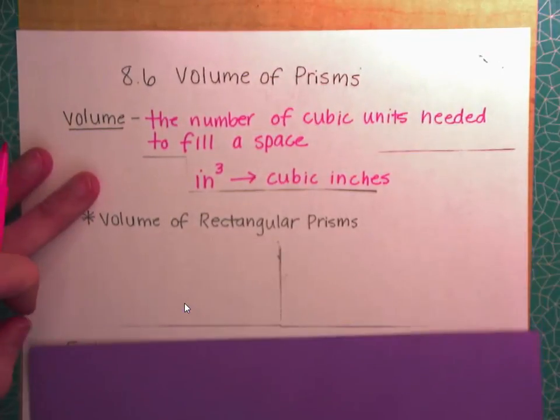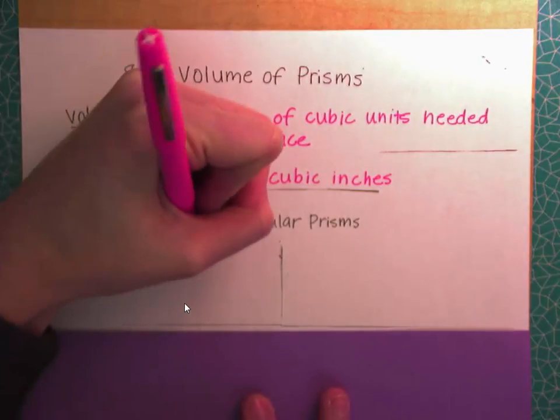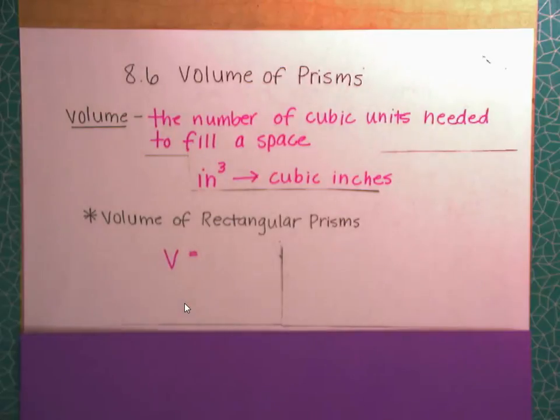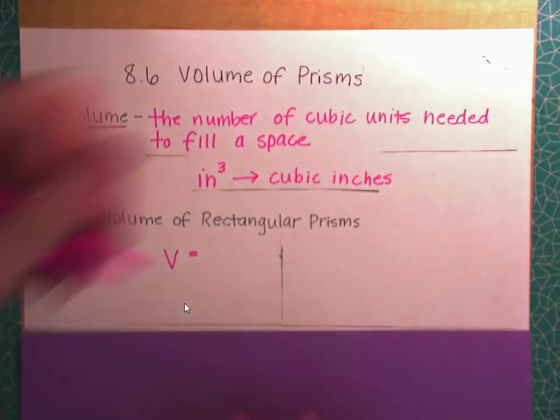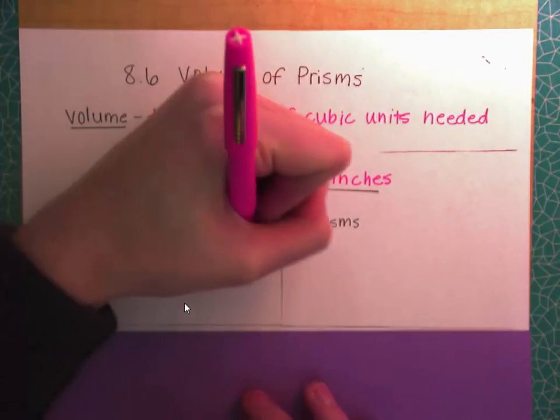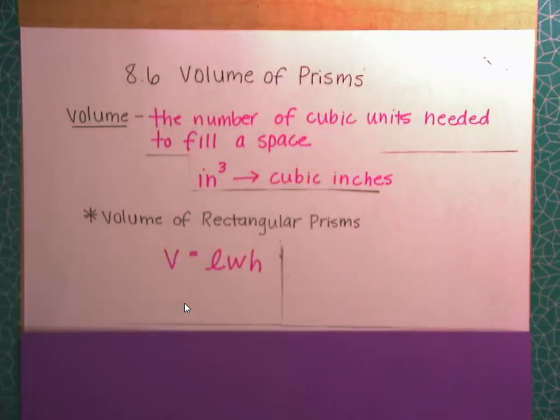All right, so the formula to find the volume of rectangular prisms, this is probably one of the easiest ones. So volume, we're going to use a V, whereas area we use what? An A. So volume is going to equal the length times the width times the height.